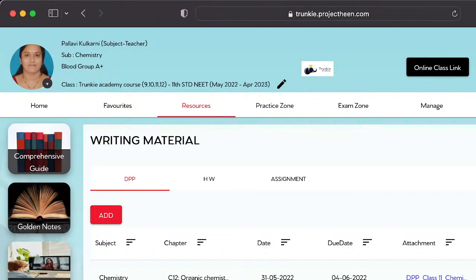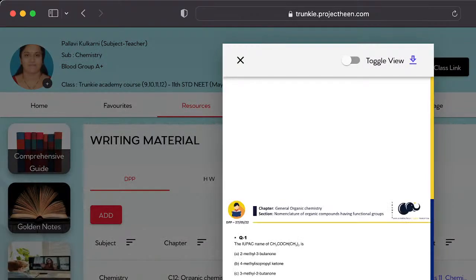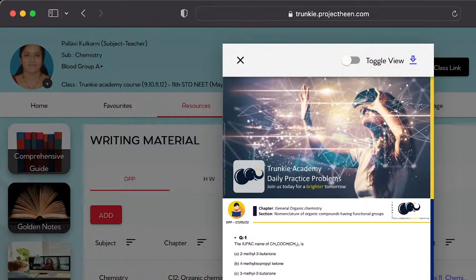You have to go to resources, then on the left hand side all the way down go to writing material, and then click on DPP, daily practice problem. You can download it and write down the solutions in your notebook or on a blank paper, it's up to you. Just take a picture and upload it on the portal, so that I can evaluate it and give you suggestions wherever required.